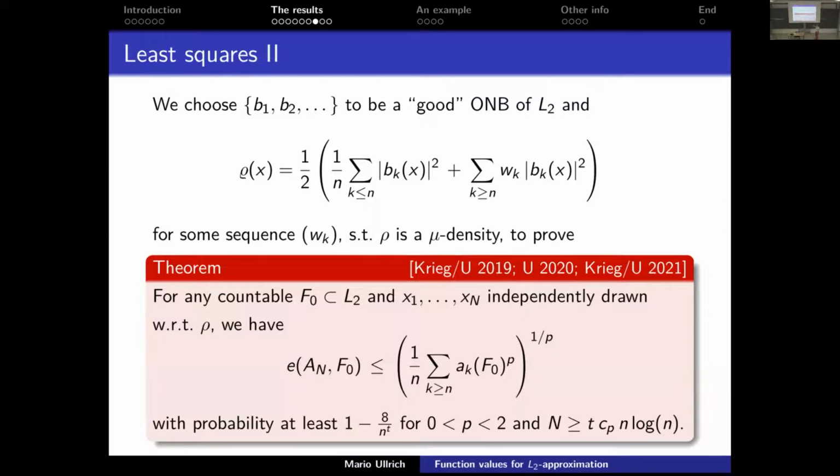And here it's important to say that if you skip this part at the end, then this is just the so-called Christoffel function. Many people know that. There are many results on that. And it's known that sampling with respect to this Christoffel function is in many cases good, and almost optimal.